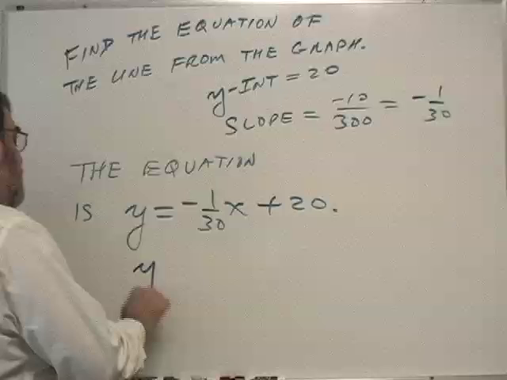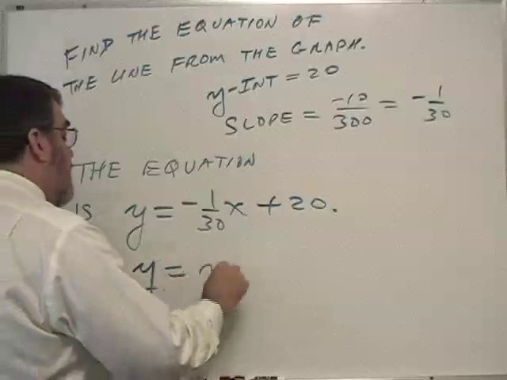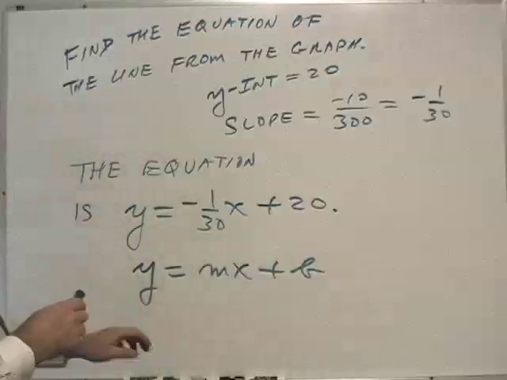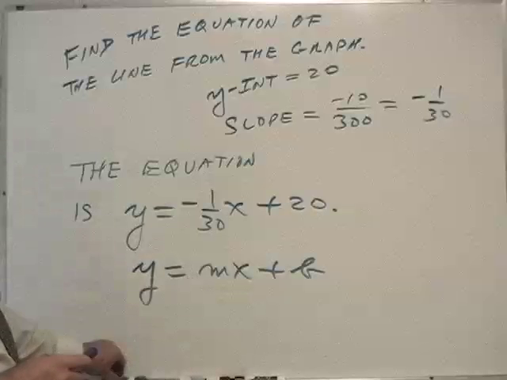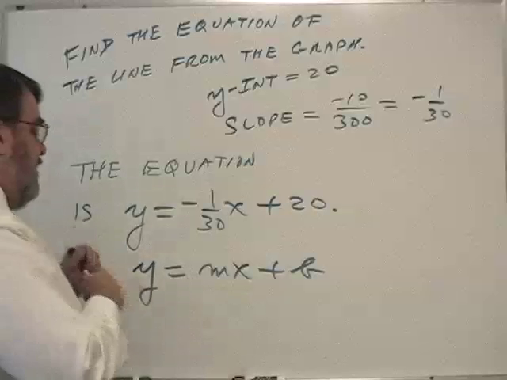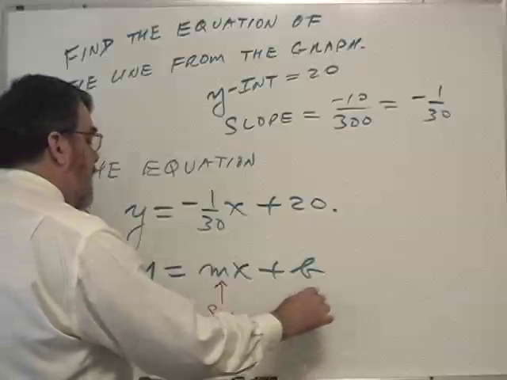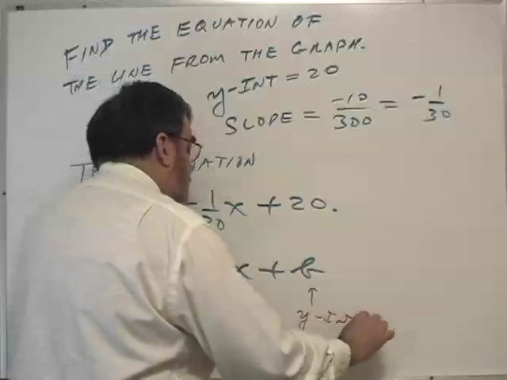Because in general, if your equation is written as y equals mx plus b, then y is a function of x, and letter m represents slope, and letter b represents y-intercept.